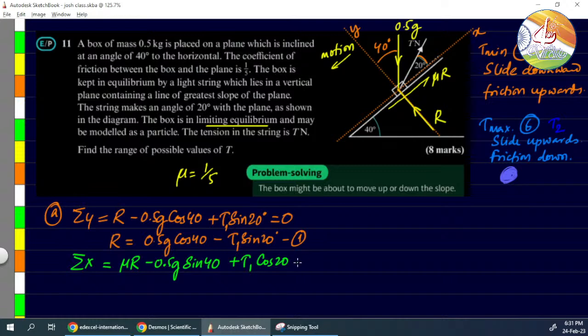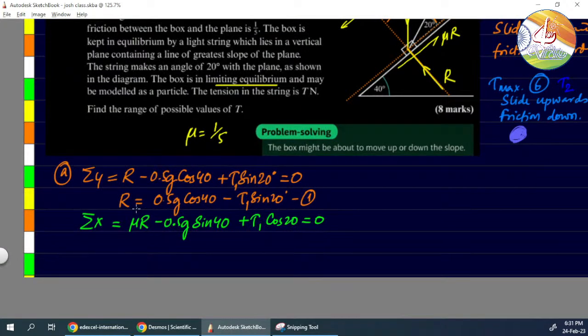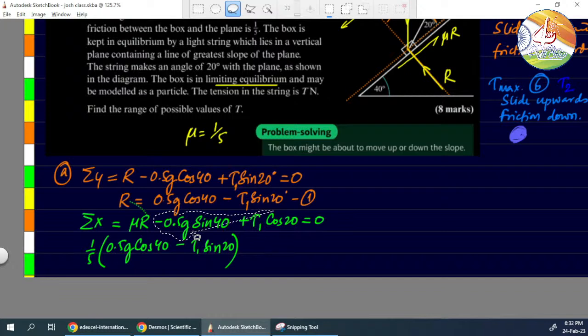And R is perpendicular to the x-axis, so no component. So this total is 0. Substitute the value of R here. The mu value is 1 by 5. In the R equation, substitute 0.5 g cos 40 minus T1 sin 20, bracket close, then the remaining equation as it is.